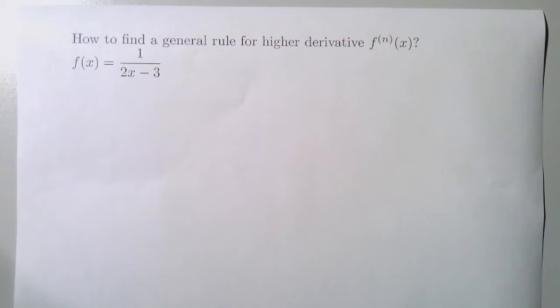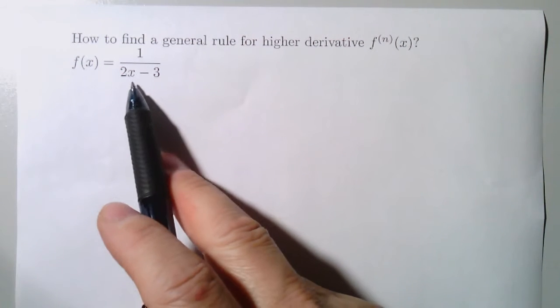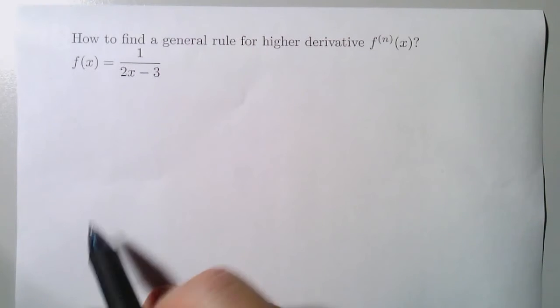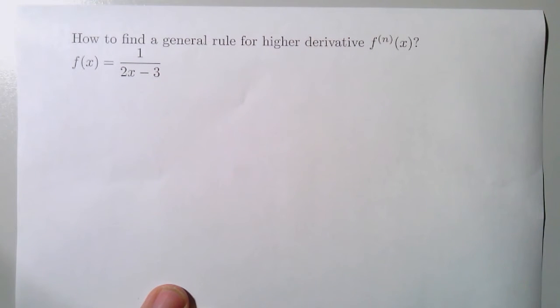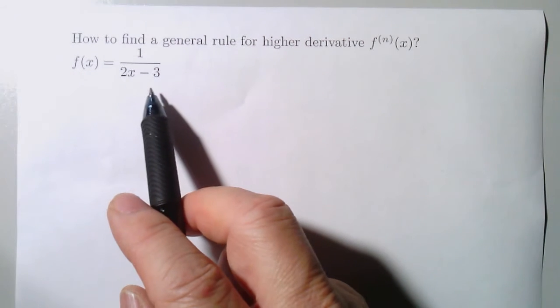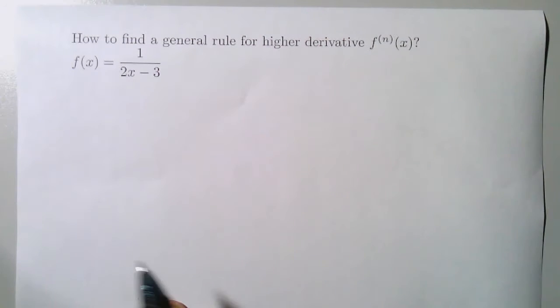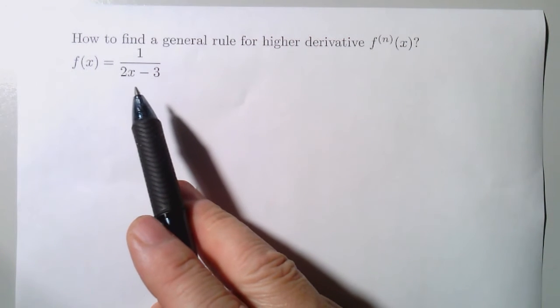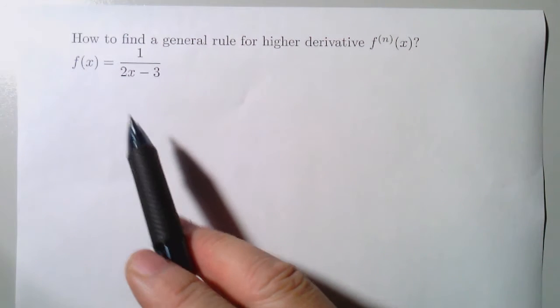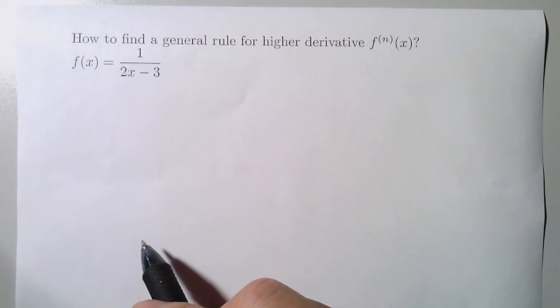So let's take a look at a specific example. f(x) equal to 1 over 2x minus 3. Normally when you see this, you want to say, okay, if I want to find a derivative, I want to use quotient rule. But if you use quotient rule, that's going to be much more complicated each time you take derivative.